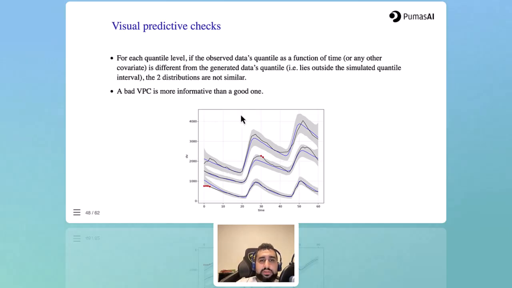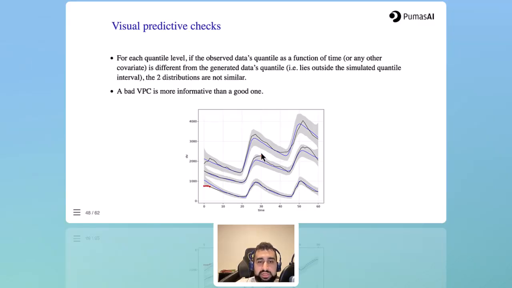So there's a lot more detail to a VPC, but at a high level, it is just a comparison between the quantiles of the distribution of simulated data and the distribution of observed data. And the goal is to hopefully make sure that they are as aligned as possible.